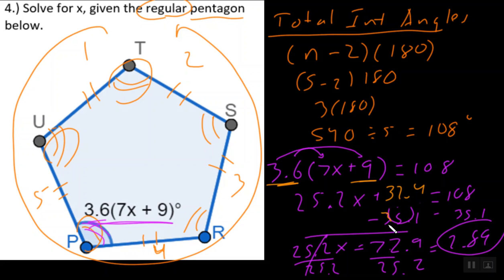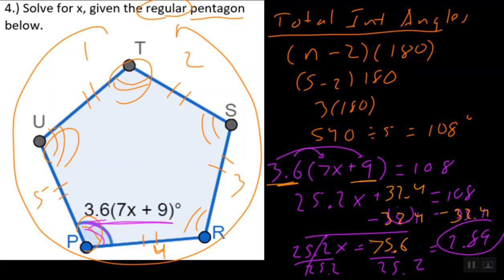Now from here we would subtract 32.4, and we would subtract 32.4, and it turns out that 108 minus 32.4 will give me 75.6. So let me go ahead and erase that. I need to turn that into a 75.6.